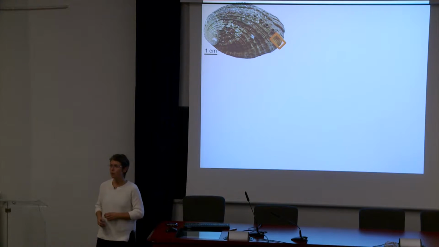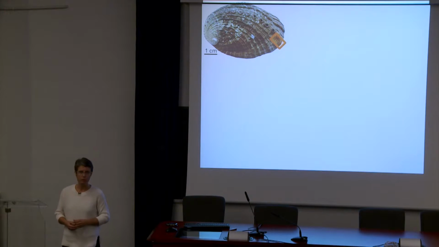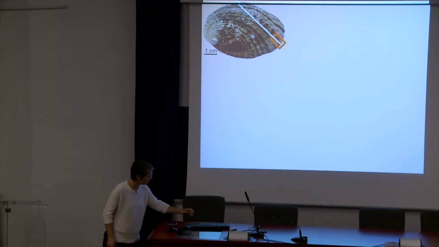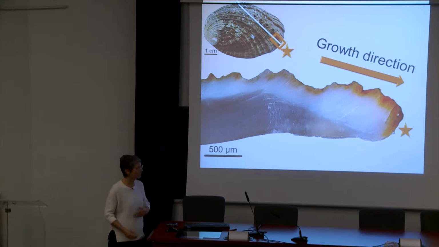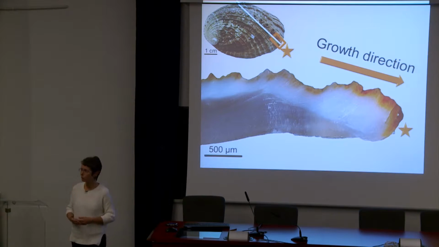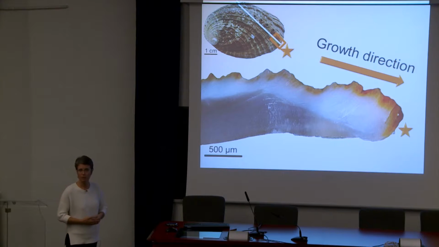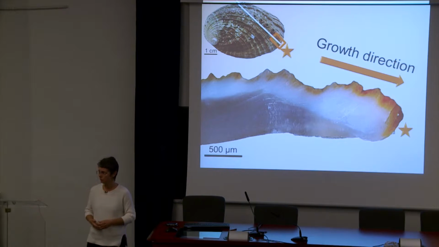We worked on the last centimeter of growth of the shell, which were cut like that. Here is a section of this last centimeter of growth under an optical microscope, with the stars representing the last deposited layer.